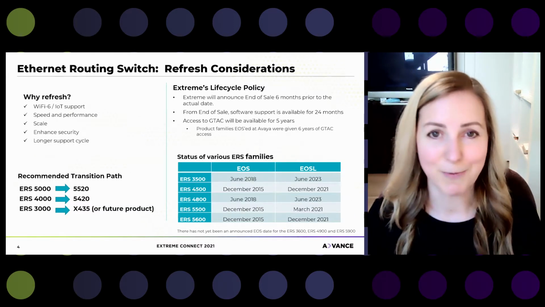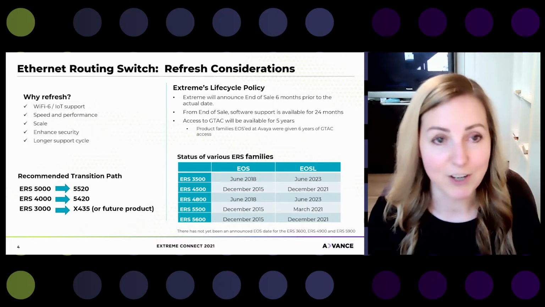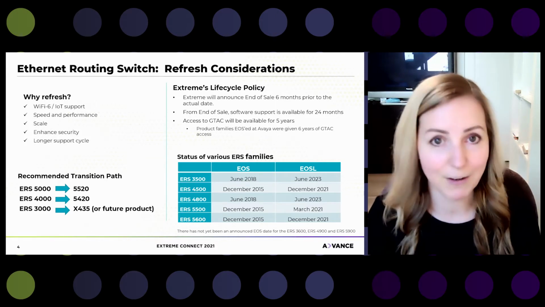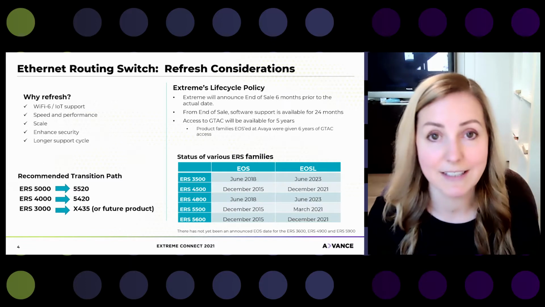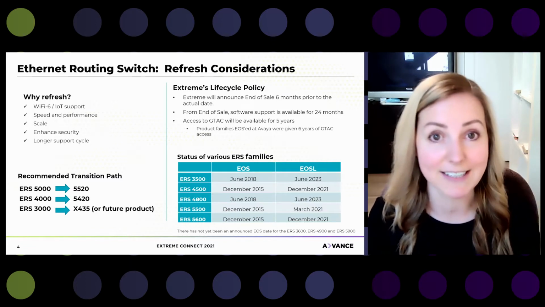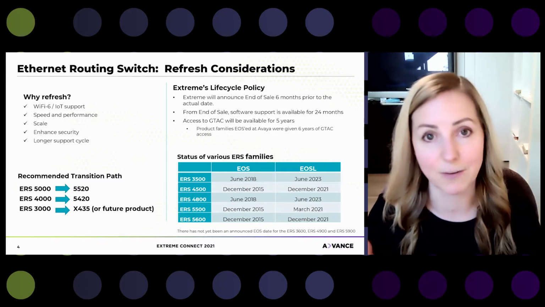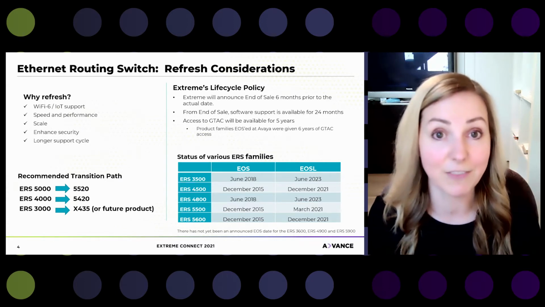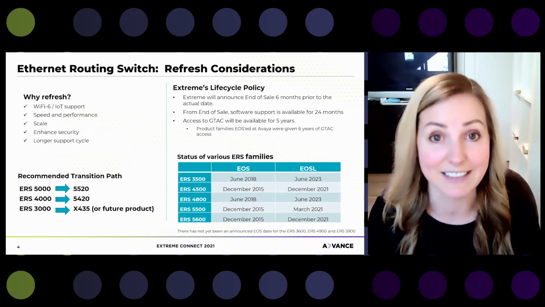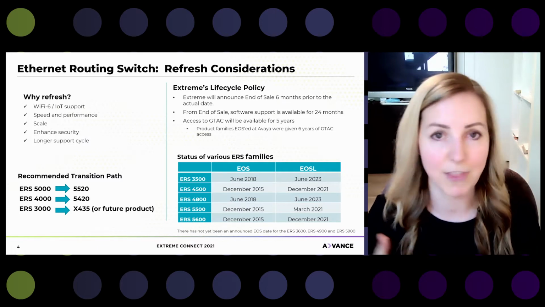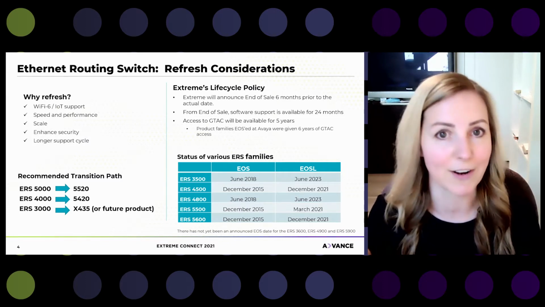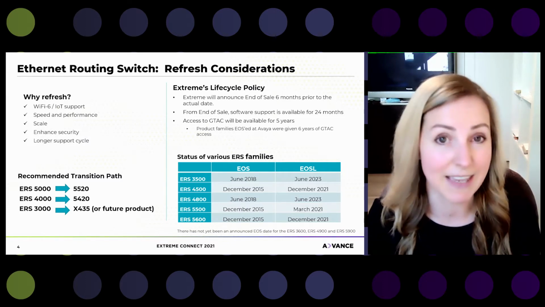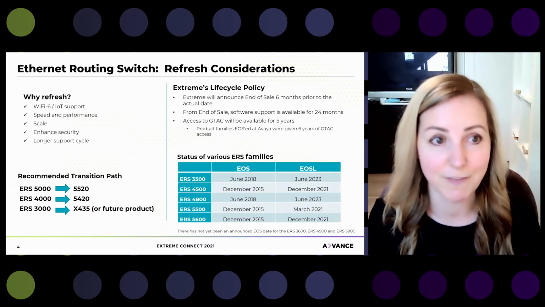So in terms of some of the reasons why you might want to look at refreshing your edge, well, we were at an inflection point with wireless. So you might be deploying some Wi-Fi 6 APs and want to connect via multi-rate and also add additional power capabilities. Many of you are likely experiencing an influx of connected things connecting into your network, whether it's intelligent lighting systems, sophisticated IP cameras, or medical devices.